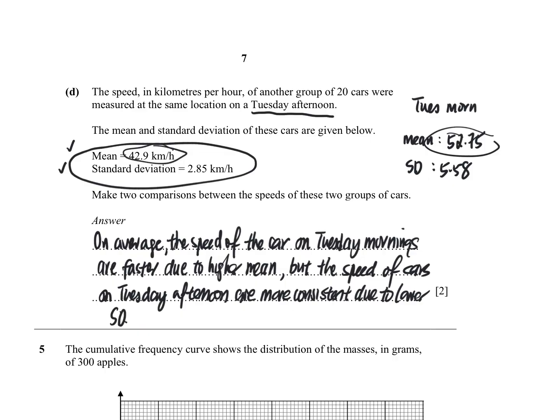You have to put compared to. Yes, because you need to give me evidence. So best to tell me you know what you're talking about. So faster must go with higher mean, and then consistent must be lower SD. So you must substantiate with evidence. Otherwise you don't get the full 1 mark.